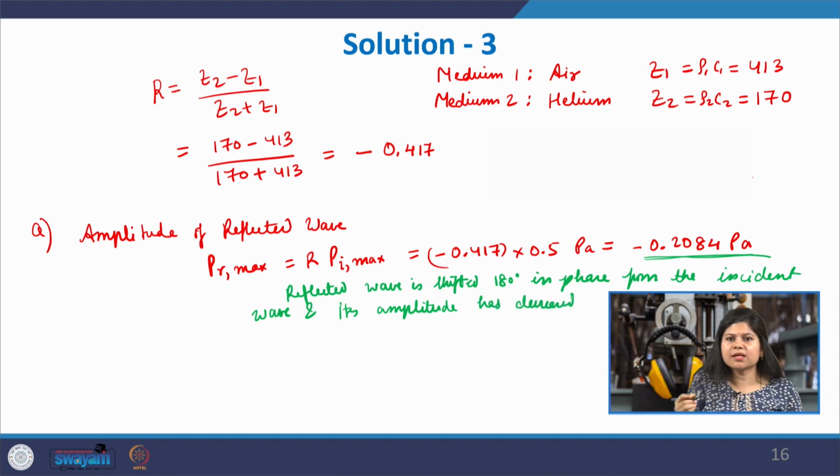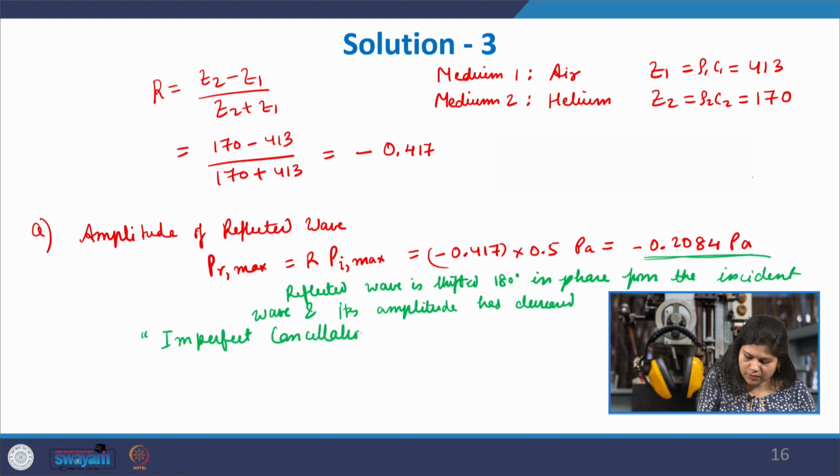Even in this case, when you add up the acoustic pressures at the very left hand side of the boundary, the reflected and the incident waves come together, and the reflected wave is sort of subtracting from or nullifying the incident wave, but there is imperfect cancellation. So, the pressure is going down, but it is not coming to 0. So, definitely there is some transmitted wave, which we will find now.